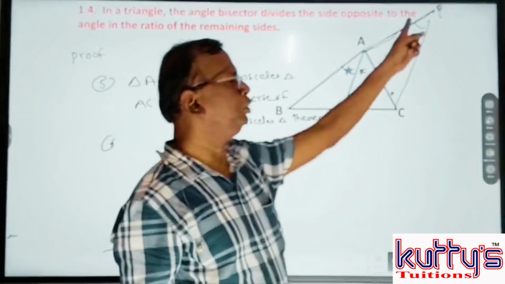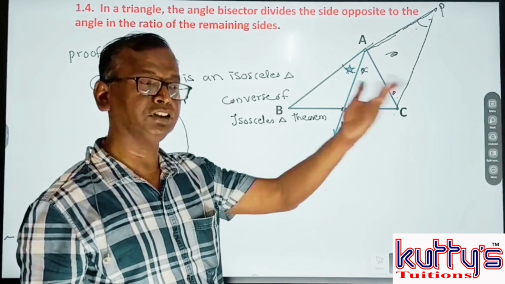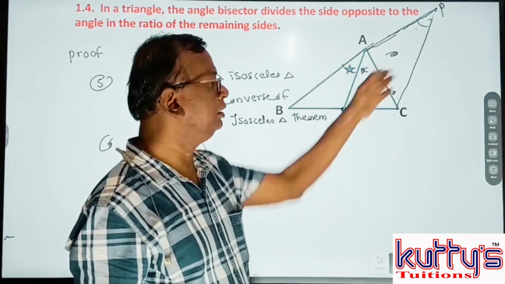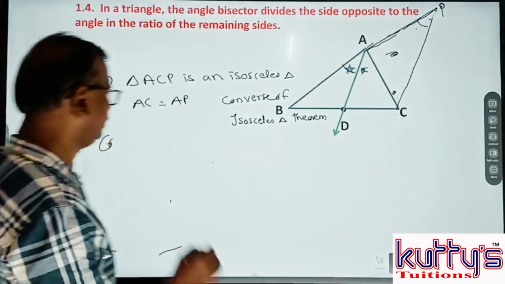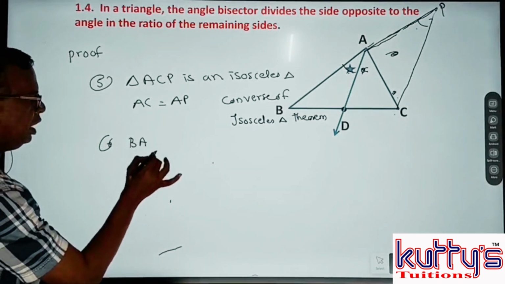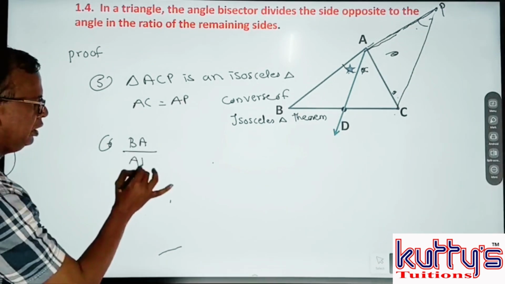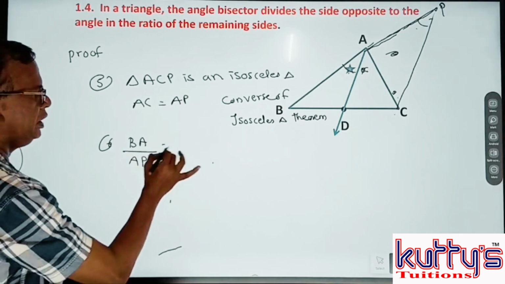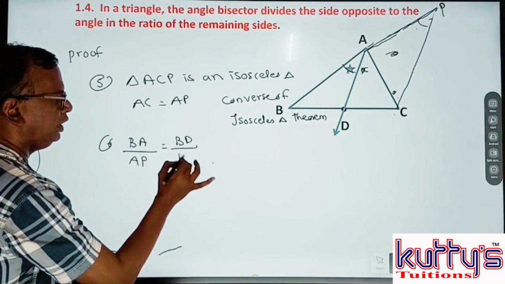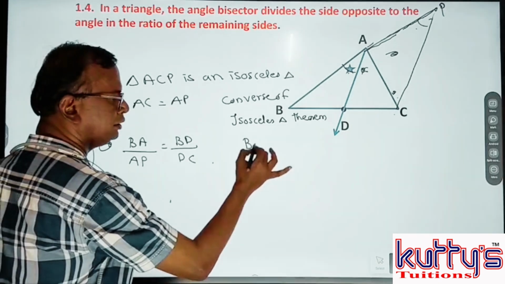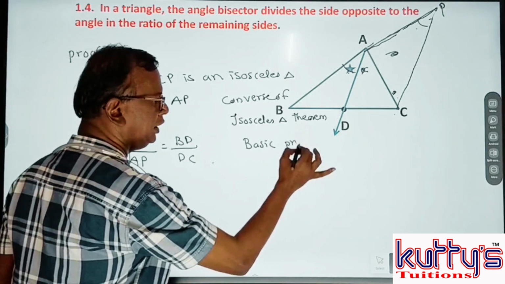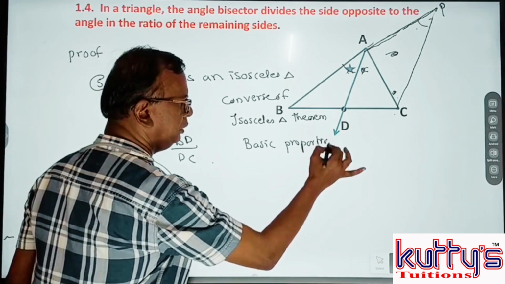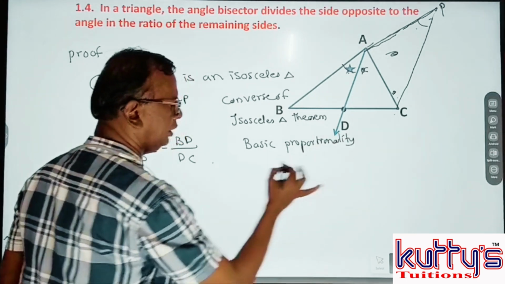Okay? Then the sixth step. Since AD is parallel to PC, I think all of you know the first theorem we did: if the lines are parallel, the ratios are the same. So we can say BA upon AP is equal to BD upon DC. It is the basic proportionality theorem.